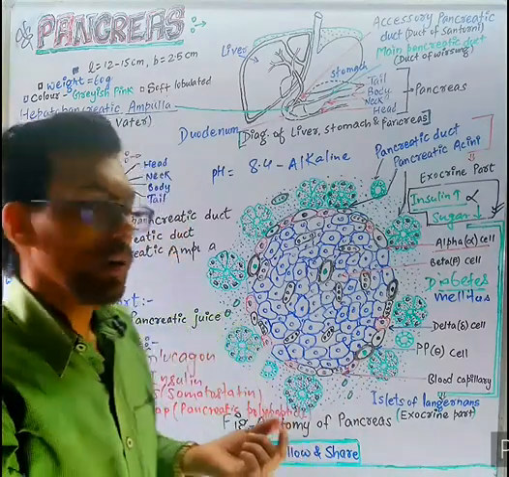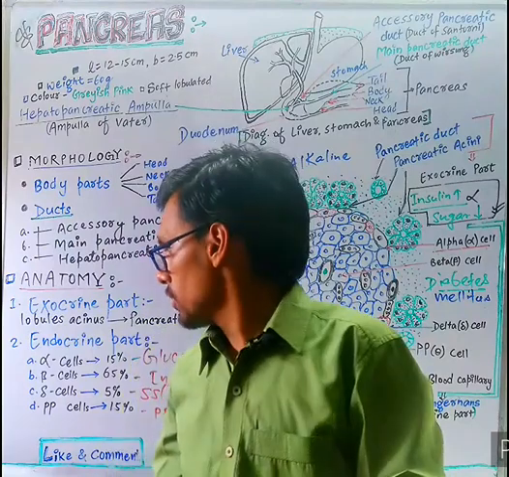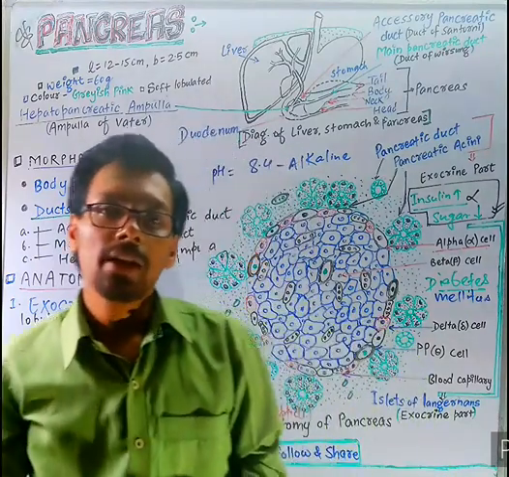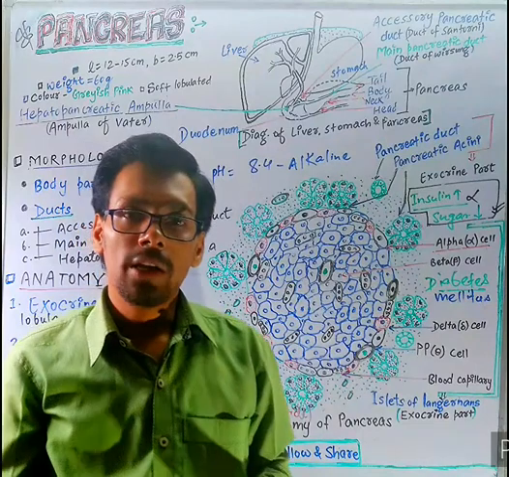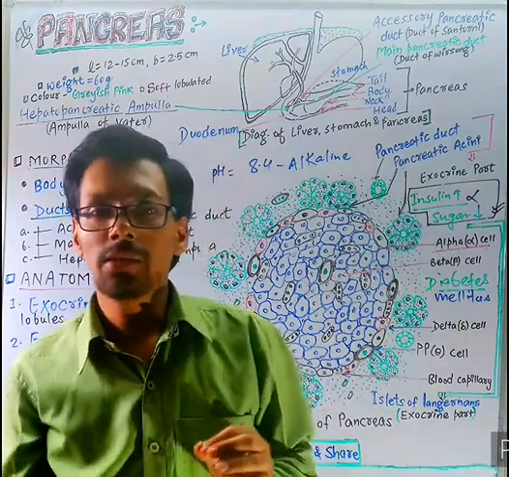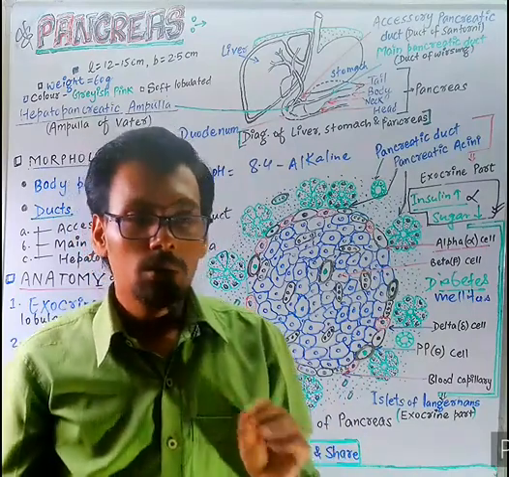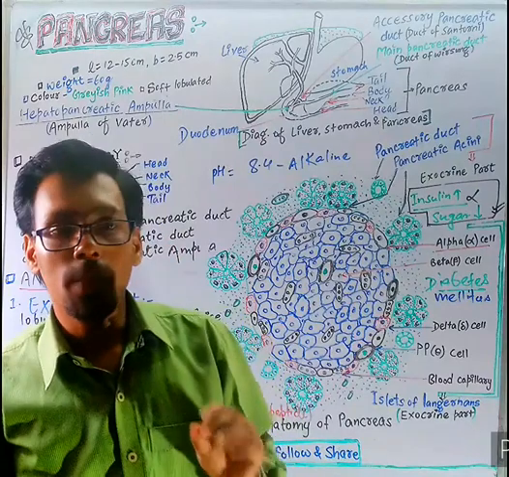Now we talk about the different types of enzymes in pancreatic juice. Different enzymes exist for the digestion of protein, carbohydrate, nucleic acid and lipid. For carbohydrate, the enzyme is pancreatic amylase.